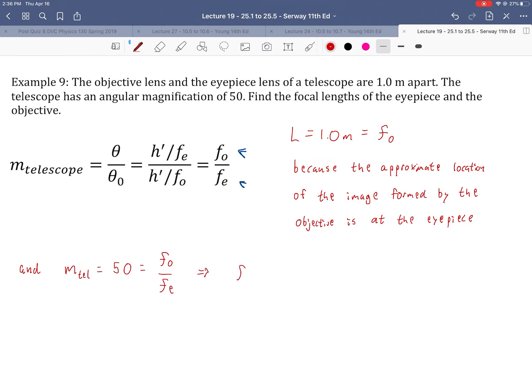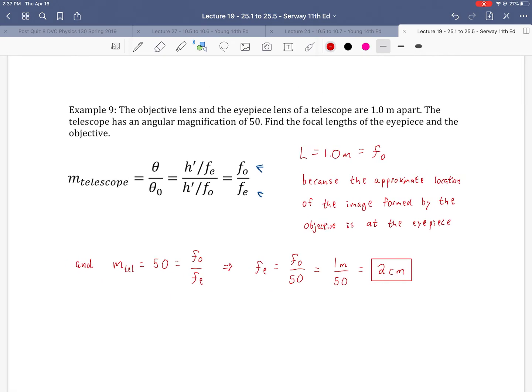Well, then we just solve for the eyepiece focal length, which would just be the objective over 50. All right, we already know what the focal length of the objective is. It's just 1 meter. So then we'll just have 1 meter divided by 50, which gives us 2 centimeters. Okay, so that is the focal length of our eyepiece.